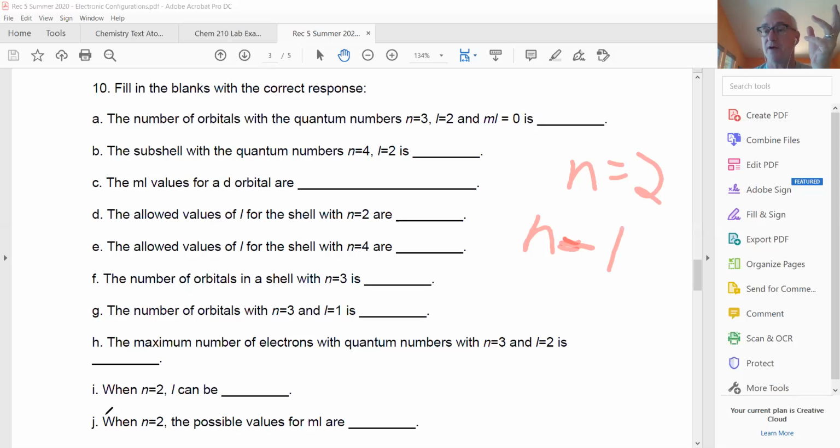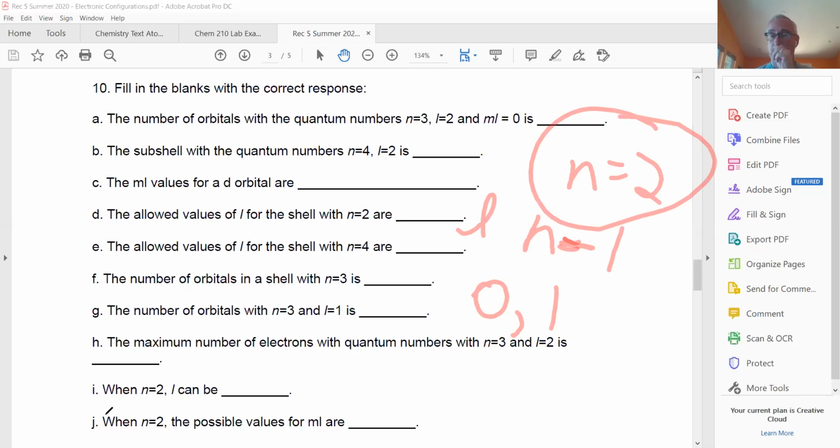It can't be any bigger than that. So if n equals 2, if we're in the second level, it basically tells us how many subshells there can be. There can either be 0 or 1. It can't be 2. So there are 2 subshells in the second shell, the second level.